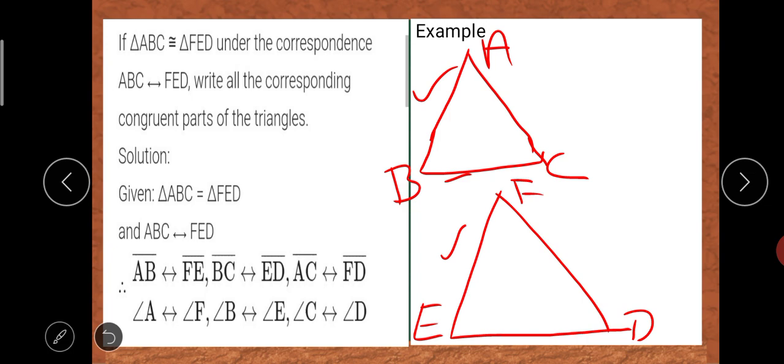And AC is corresponding to FD. Understood? Now corresponding angles here. Angle A is corresponding to angle F. Angle B is corresponding to angle E. Angle C is corresponding to angle D. Okay? Easy to understand?